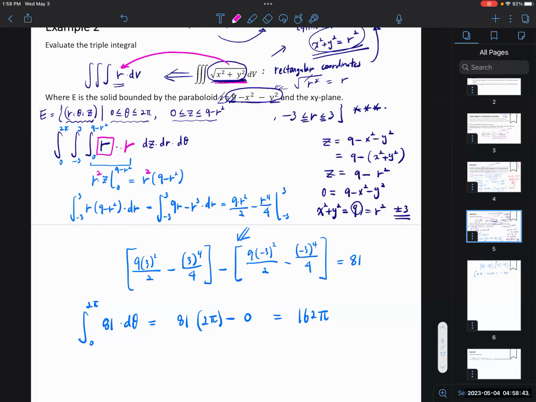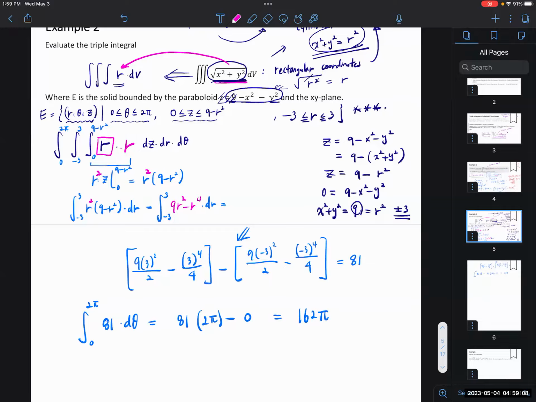So let me just quickly edit this part. So we have r times r to the second. That's anyway constant when you're taking the integral with respect to z. So r to the second z, that's good. And just this part, we're going to get here 9 r to the second minus r to the 4.